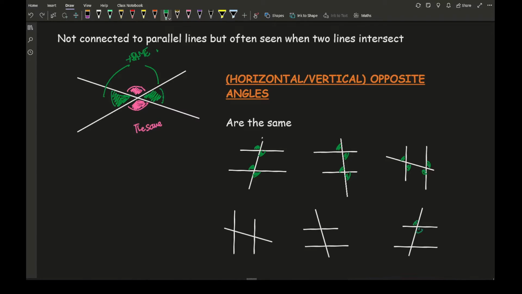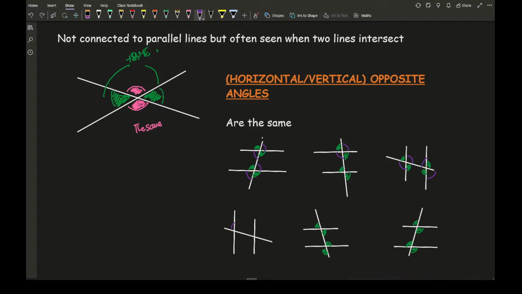That one is equal to this one. That one is equal to that one. And this angle is equal to this angle. This angle here is equal to that one. And again, just marking what the other ones are. Now you just need to be careful because obviously I'm using the same color on the diagram, so don't think that all the green ones are going to be the same.